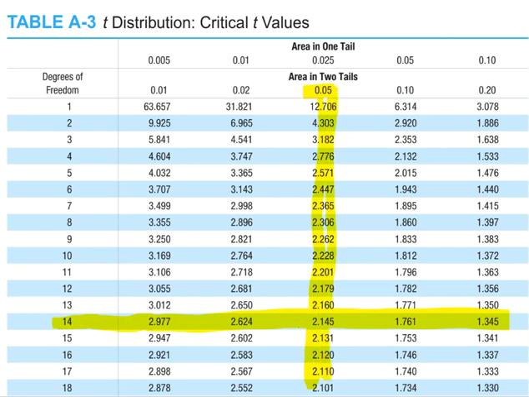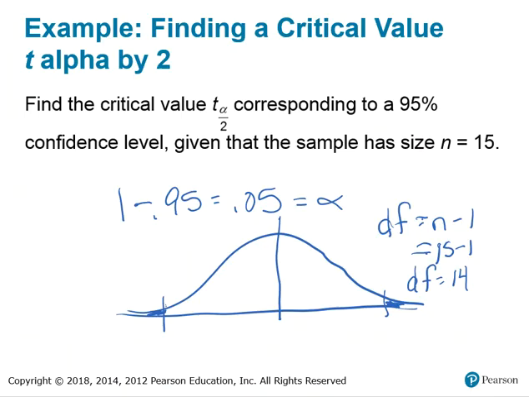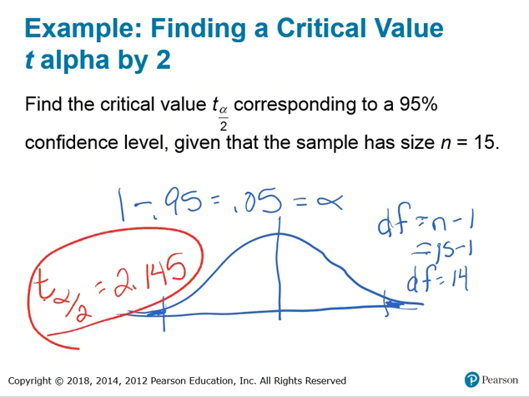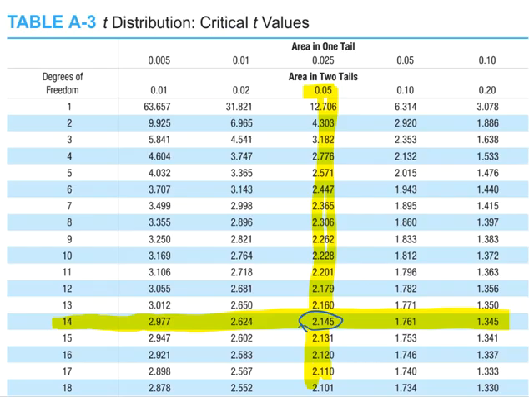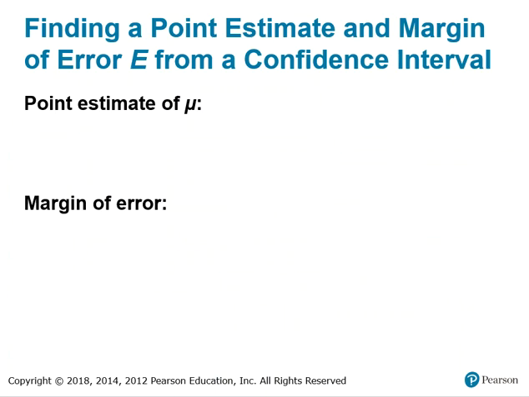So the 2.145 is my actual critical value that I'm going to need to use in this scenario. I would write that as T alpha over 2 is 2.145. Okay, so that's the first part.